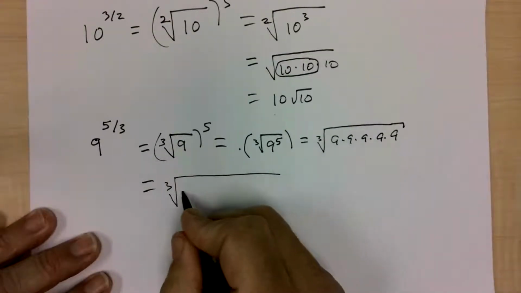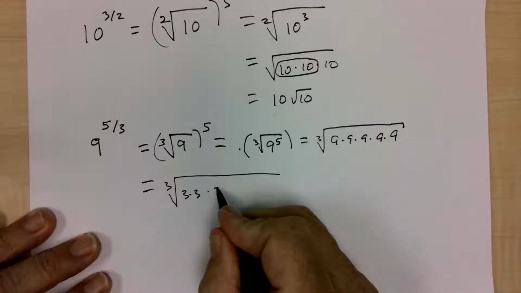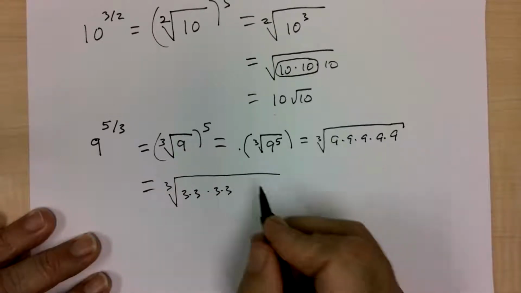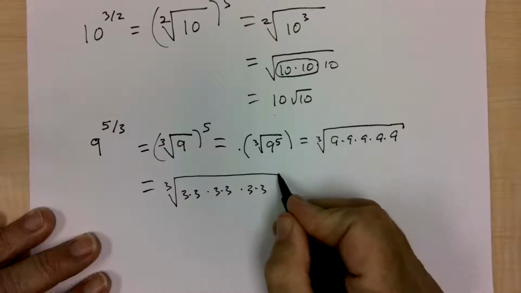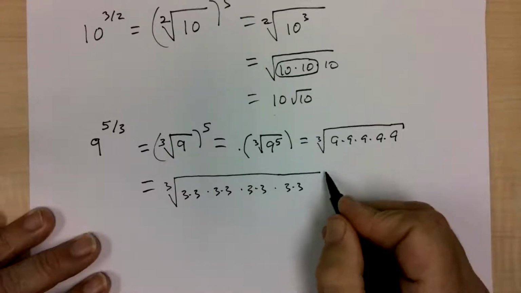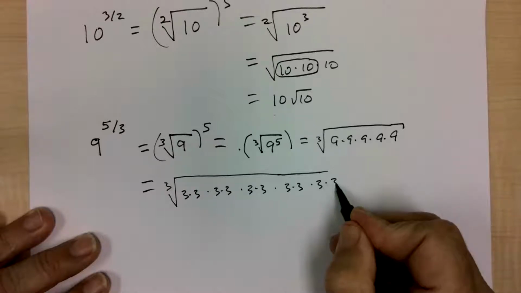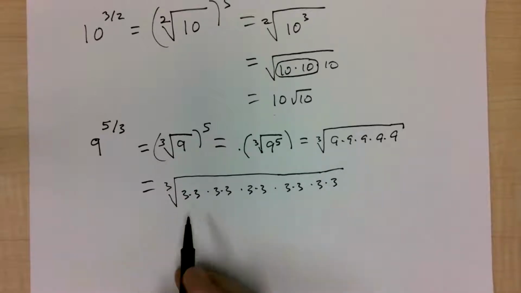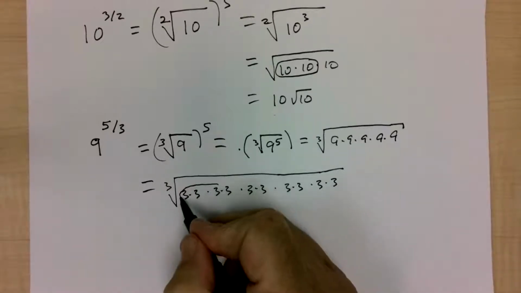the cube root of 3 times 3, that's the first 9. 3 times 3 is the second 9. 3 times 3 is the third 9. 3 times 3 is the fourth 9. 3 times 3 is the fifth 9. It's a cube root, so I need to circle triples.